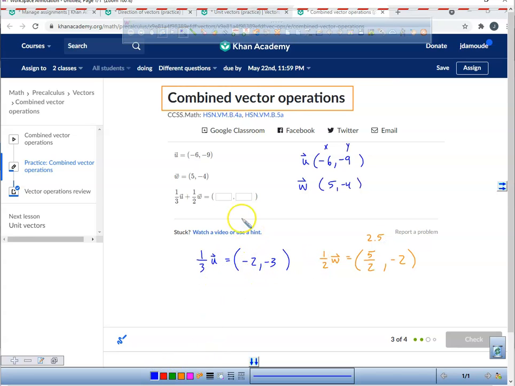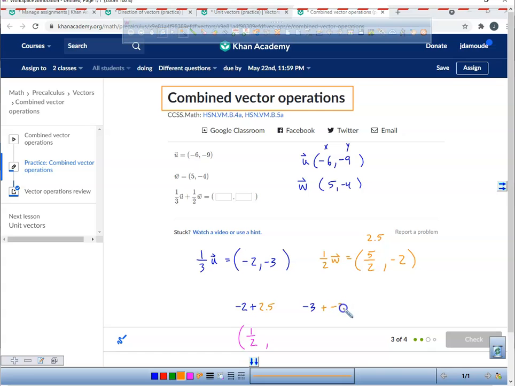Then, after you do that, what does it want us to do? To add those together. So all I have to do is take a -2, and what am I going to add to it? Add 2.5, and that's going to give me a half. Over here, what do I have? I have -3. What am I going to add to that -3?